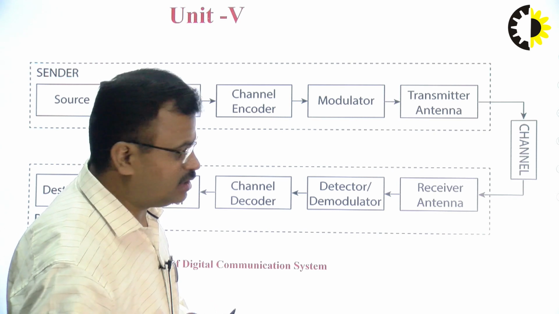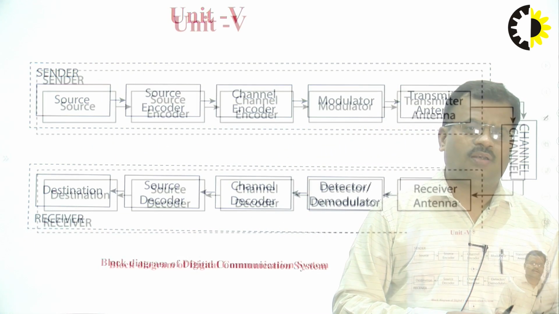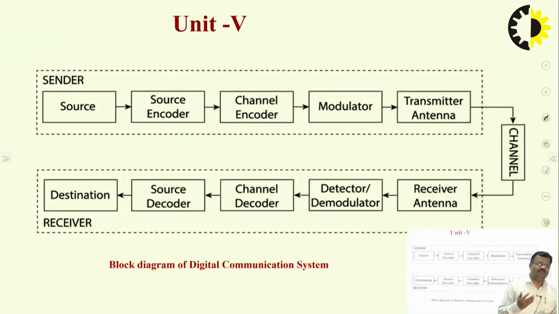So this is the basic block diagram of digital communication system. Already I told you this diagram in my previous lectures. What happens in a digital communication system?